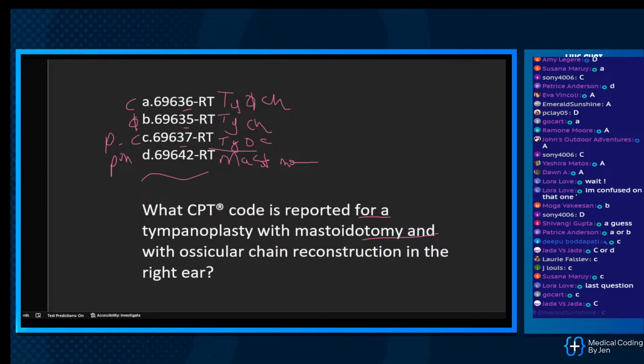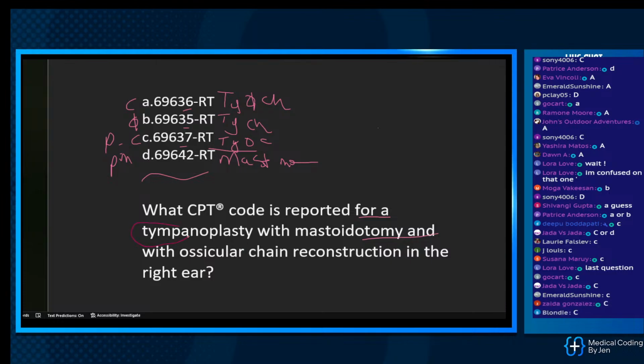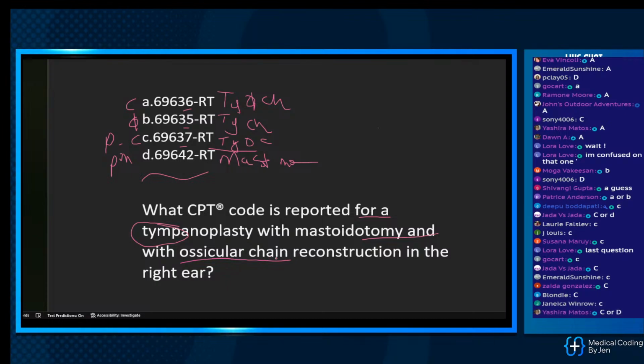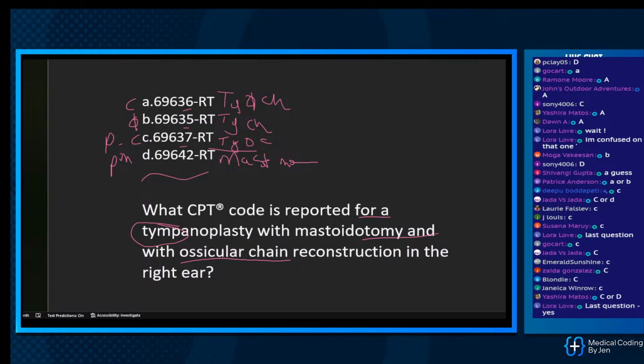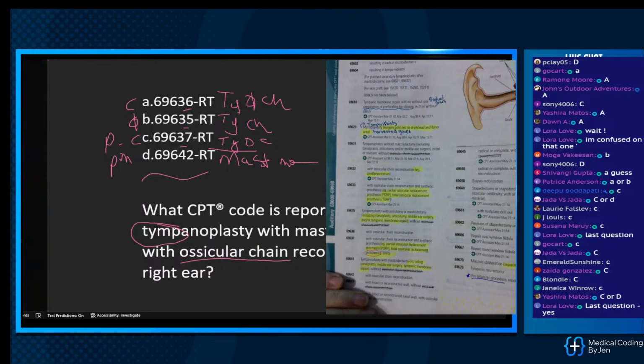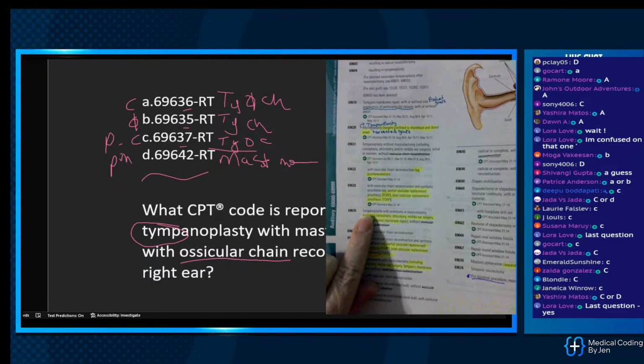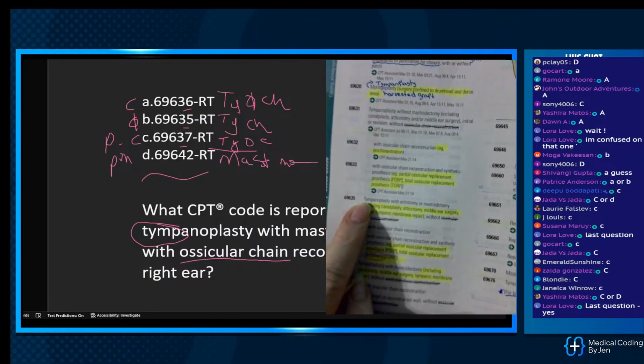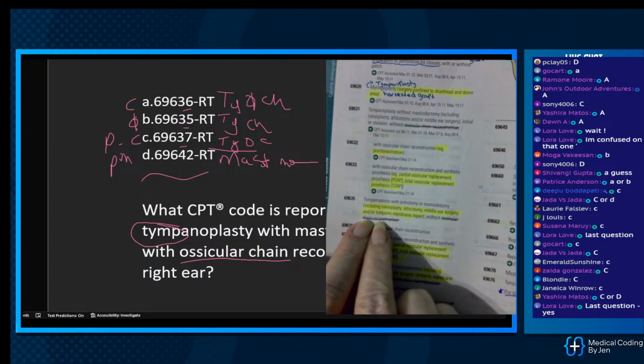So what we did was a tympanoplasty with an ossicular chain. If anything else, we've got that. If we look at our 396, 36, and 37, if we look at our book, 396, 36, and 35, our 35 is the tympanoplasty, but no ossicular chain.